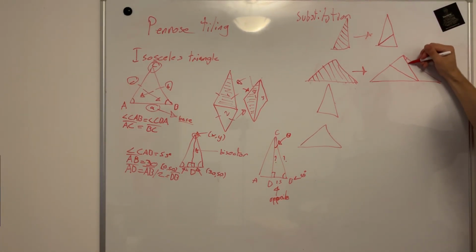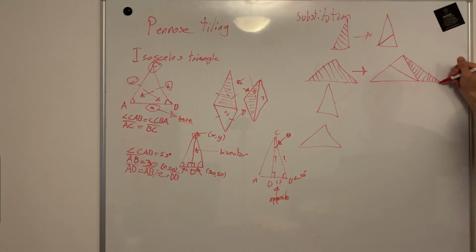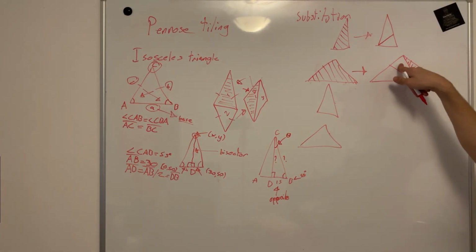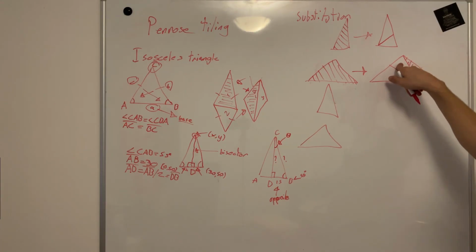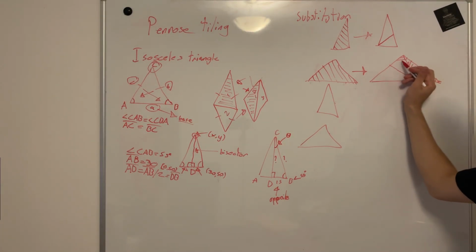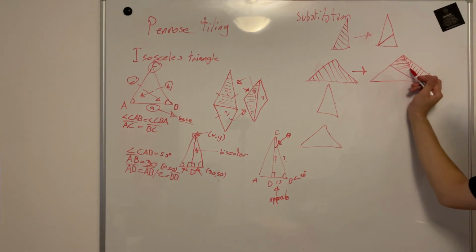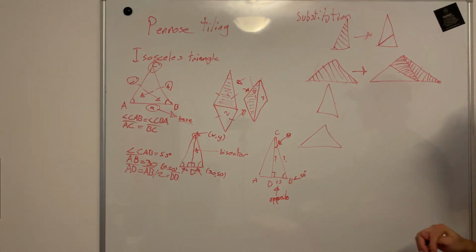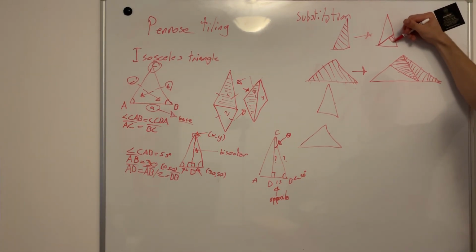So this one is the current one, the same as the current one for the substitution, and then this one is this one, and this one is also the small one, the first small one. Okay, great. I believe that is correct, right? Oh, and this is the small one.